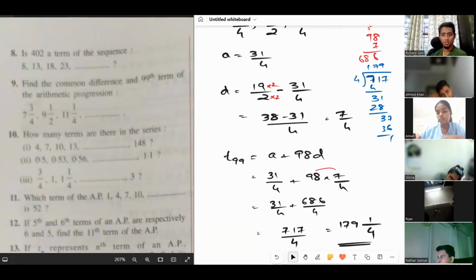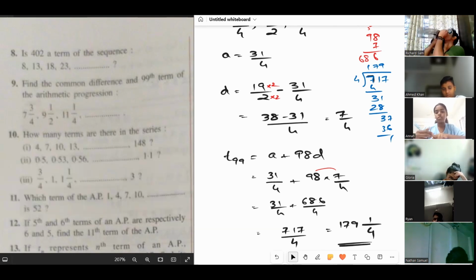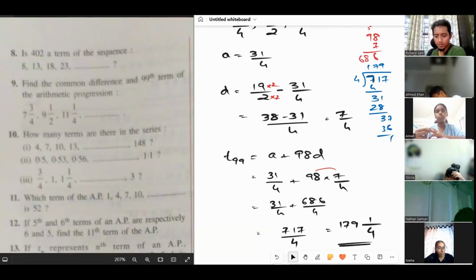Just check the answer in the book. 179 1 upon 4 is the answer.